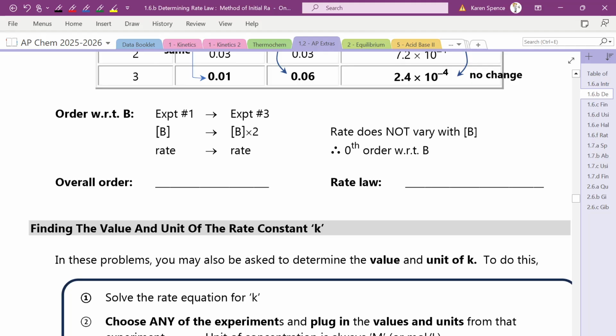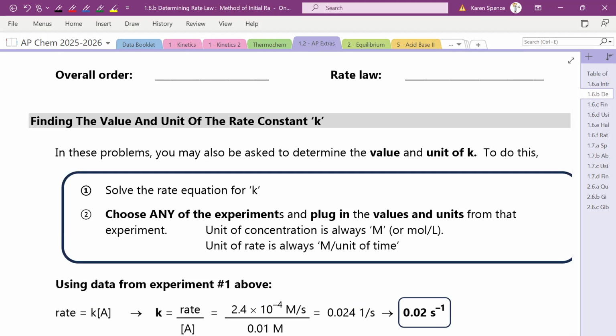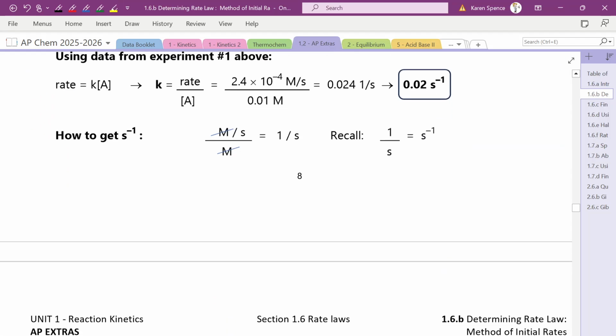And we are almost out of time. Yeah, we have 5 minutes. We can do this. Finding the value and the unit of the rate constant K. So this is on page 8.